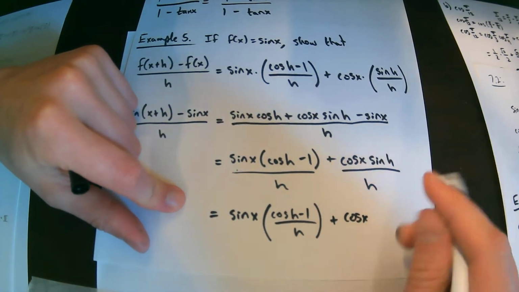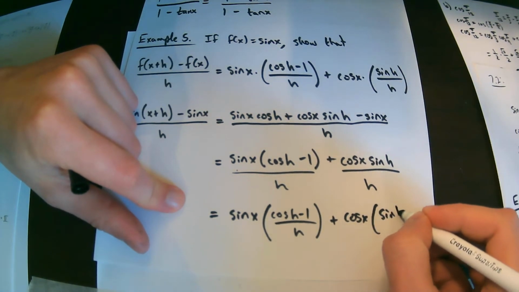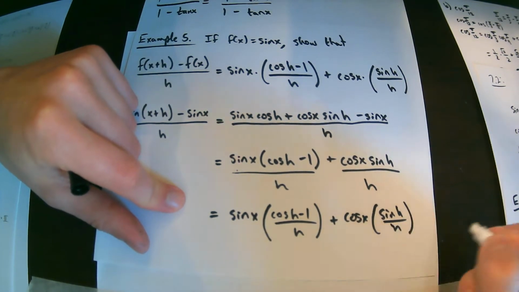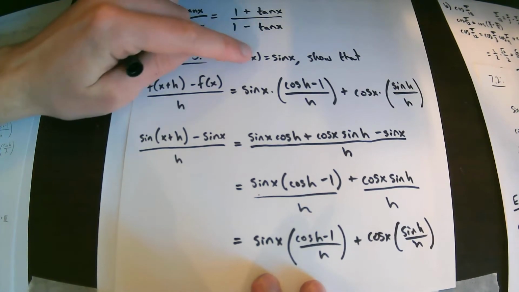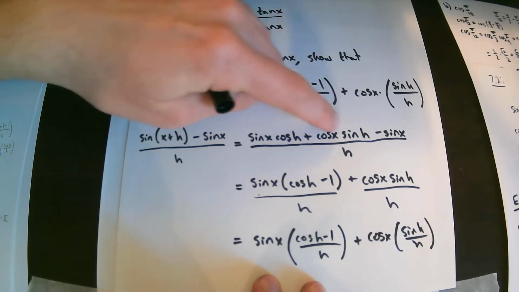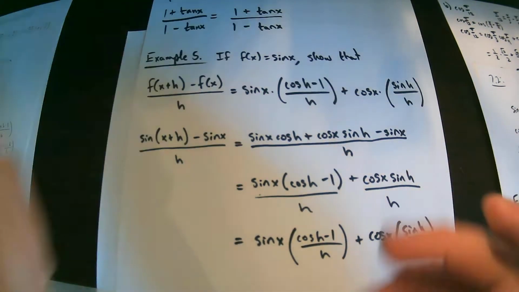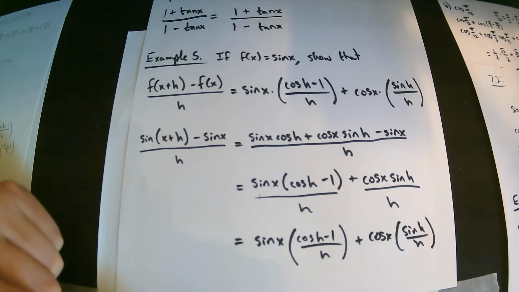And similar thing happening here, just storing this h under just the sine of h. So really, the work comes from right here, plugging in your function and then using the sum identity to expand. And then from here down is just reordering things with algebra, cleaning things up.